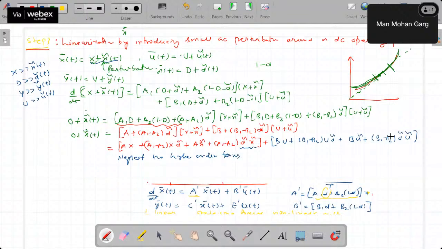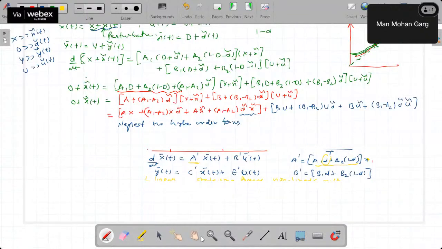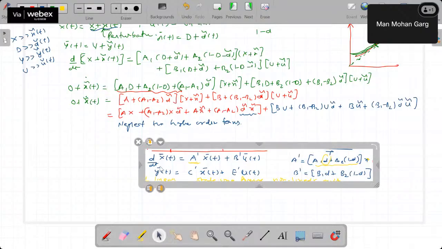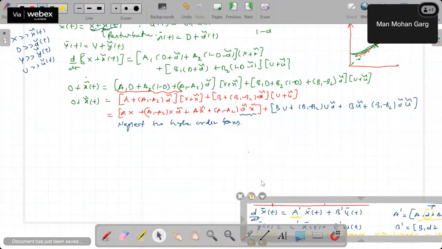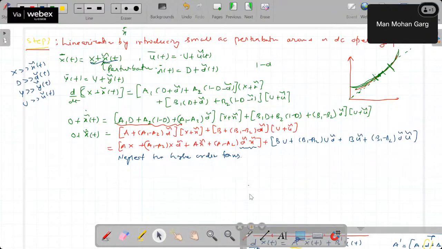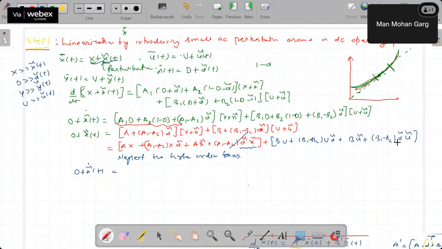Neglecting the higher order terms, what will we get? 0 plus x dot. This term is neglected, and similarly this term is neglected. What is left?